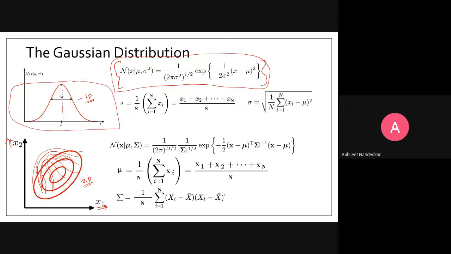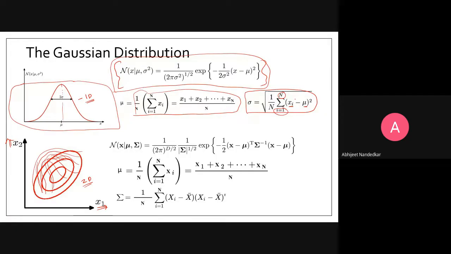So this is the mu computation. You can directly compute the average of the given samples. And this is the formula to compute standard deviation. You take x, the given sample, minus its mean, take the square, and do this for all samples from i equal to 1 to n, where n stands for the number of samples.